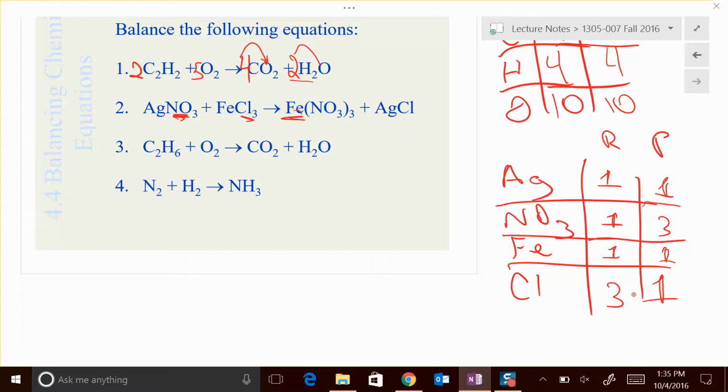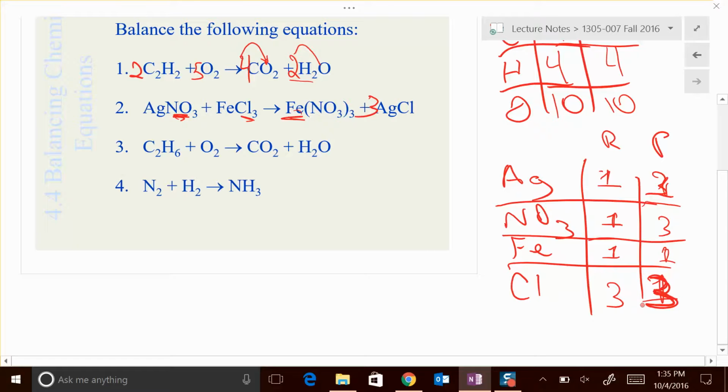How am I going to balance them? Put a 3 where? Okay, on the silver chloride, I put a 3. That changes my silvers to 3, and it changes my chlorines to 3.